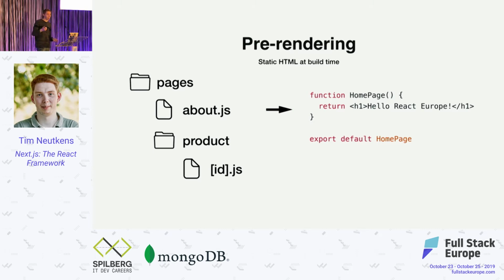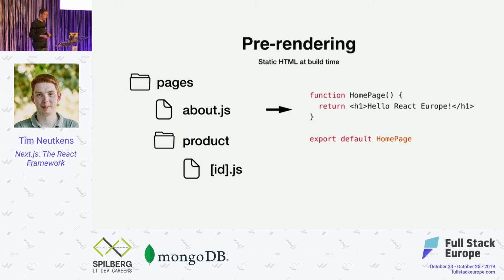So this is good for marketing pages, blogs. It works great for SEO because everything is statically rendered. And very fast, of course. But it requires a rebuild to do content updates because static pages can't be re-rendered without a rebuild of the whole application.